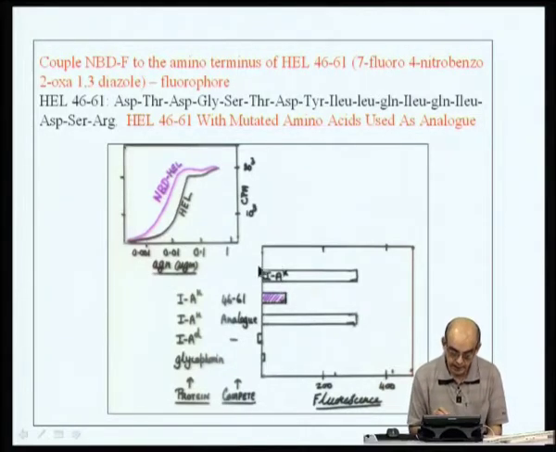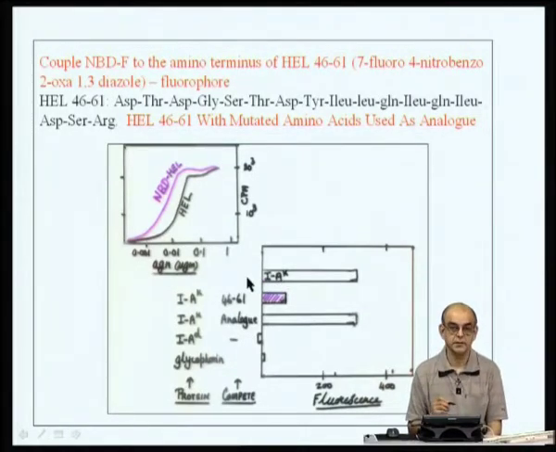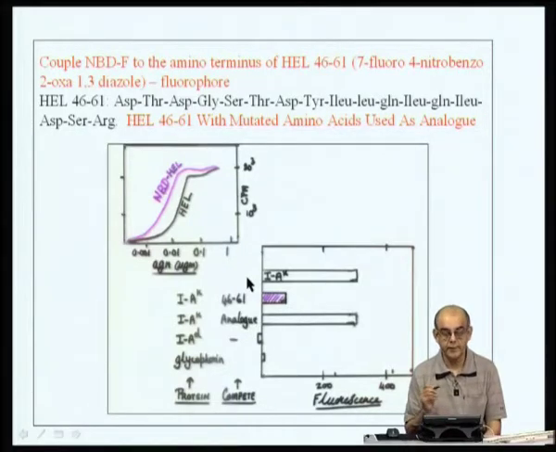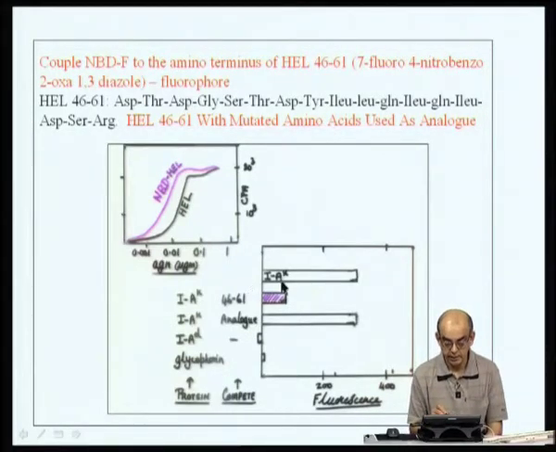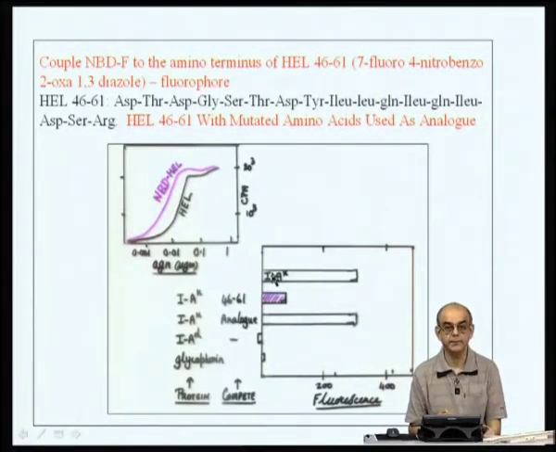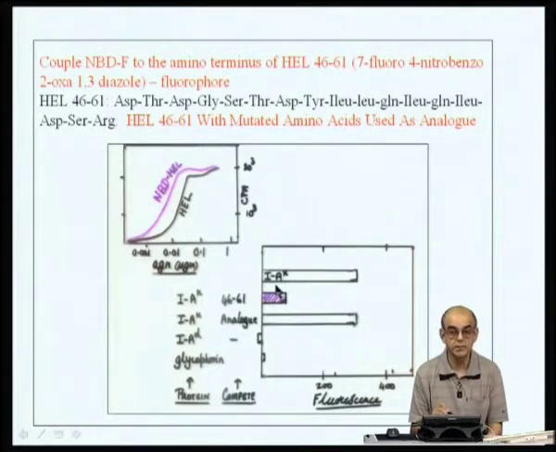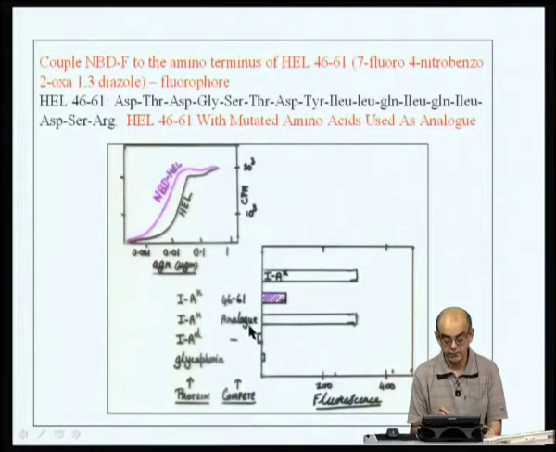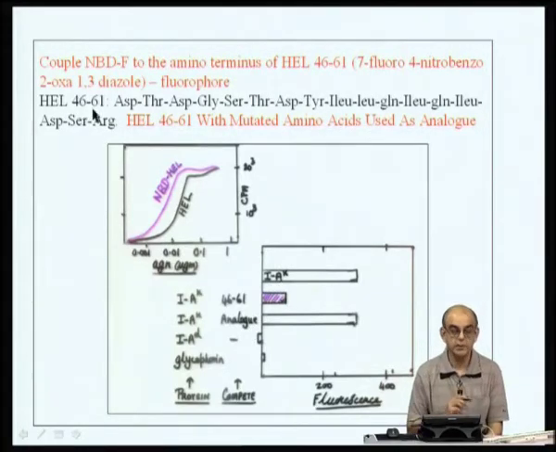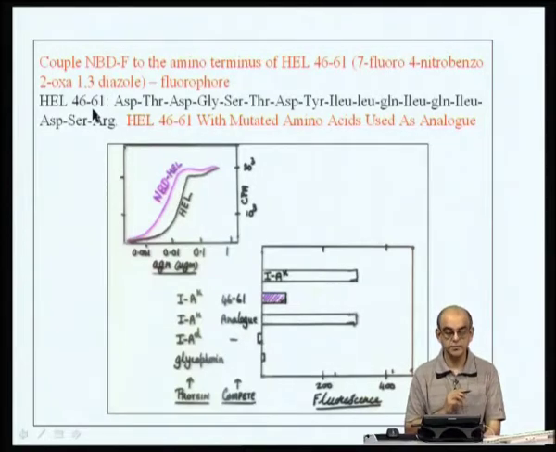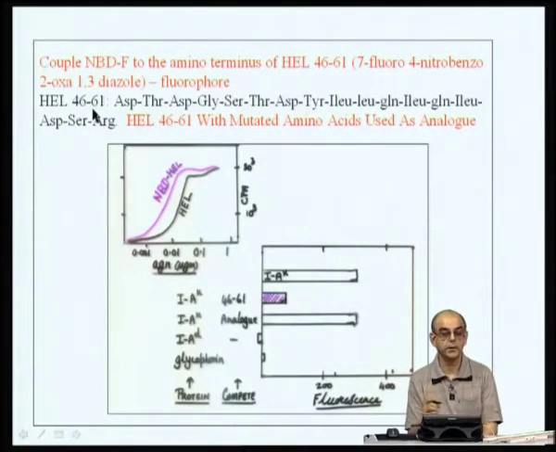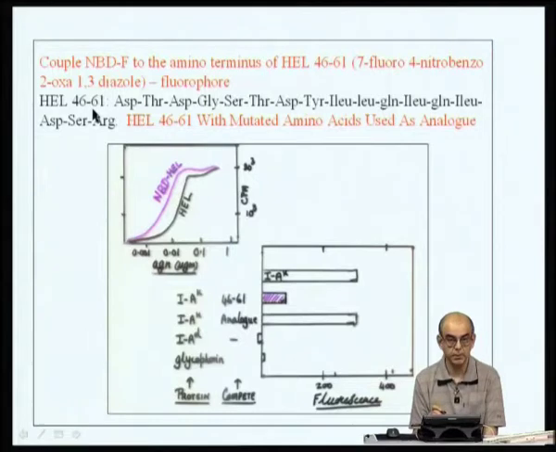That means the IA molecule was expressed using recombinant DNA methods. This recombinant IA molecule, having the amino acid sequence that is present in the K haplotype mice, was used to look at how it bound to HEL 46 to 61 by using the fluorophore coupled HEL 46 to 61.